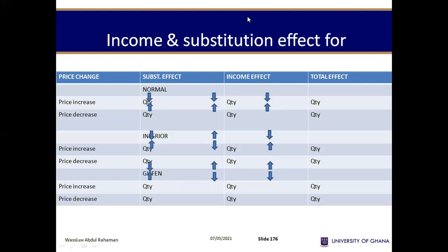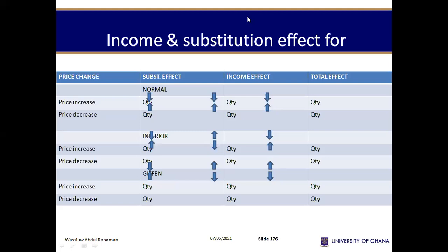So now, from what we did last week, we now know that if you are using the ordinal approach to consumer behavior, the consumer is in equilibrium when the indifference curve is tangent to a budget line. And at that point, the slope of the budget line is equal to the slope of the indifference curve, right?